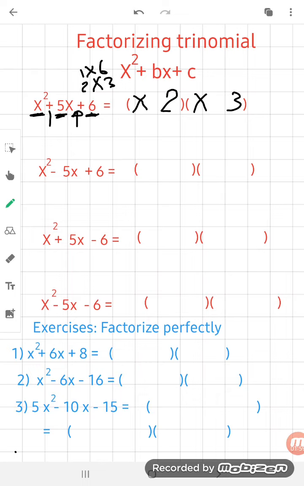The second rule: how can we put the two signs in the two brackets? Okay, listen to me. Number one, if the last sign is positive, then the two signs are same as the middle term.